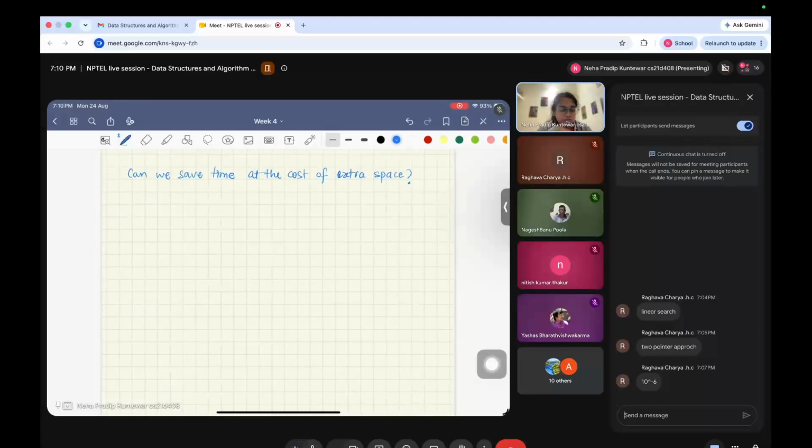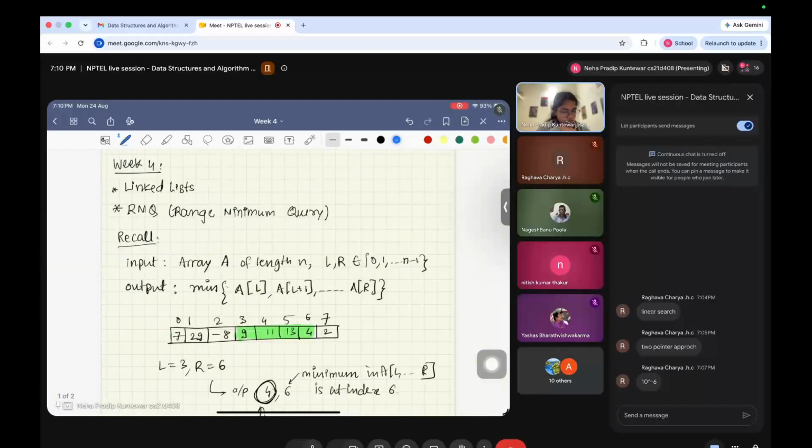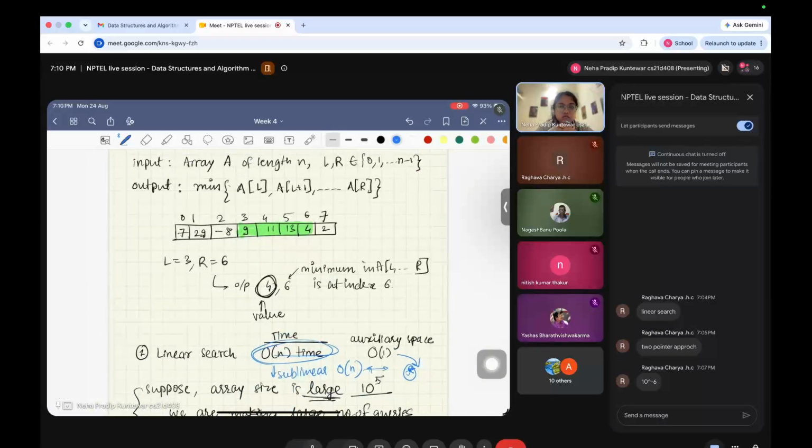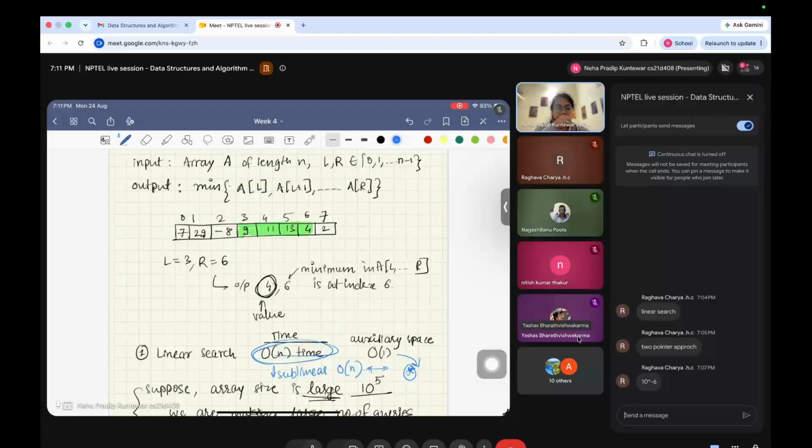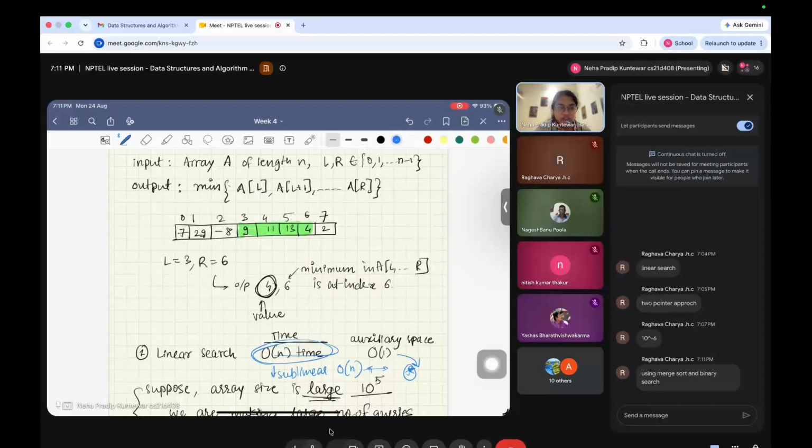Can you get this time down? I hope this point is clear.